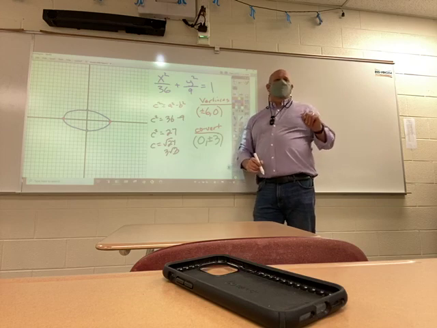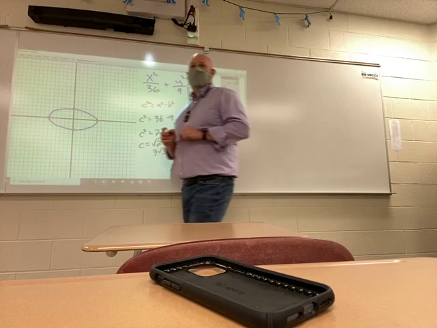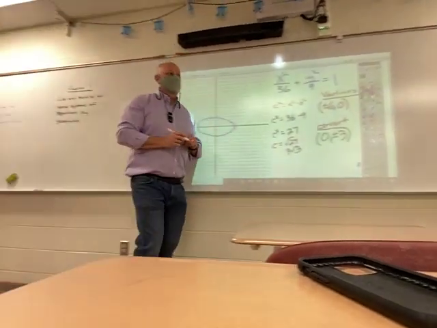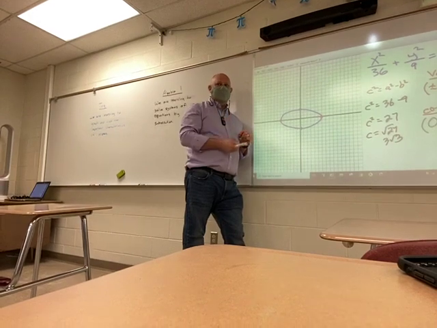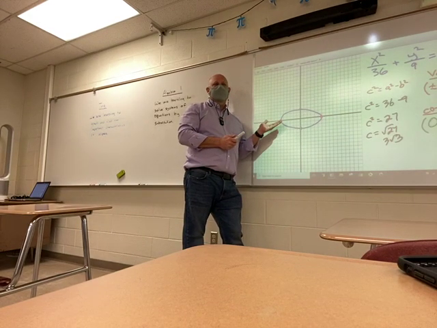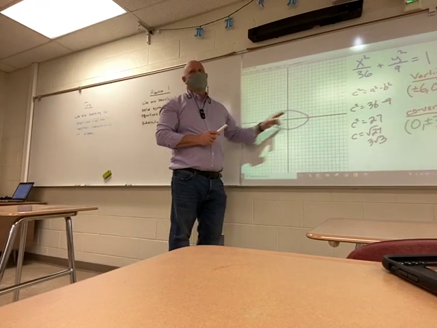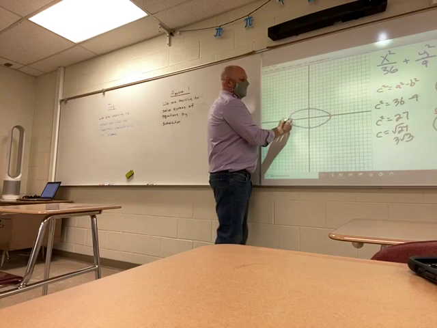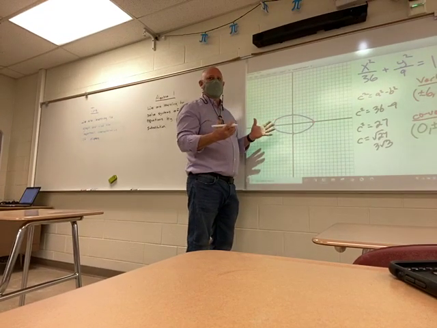What direction would we go 3 root 3 now? Remember, the vertices will always be on your major axis. In this case, which axis is our major axis? The x-axis is our major axis because we went further in that direction. So the square root of 27 is about 5.2, a little bit bigger than 5.